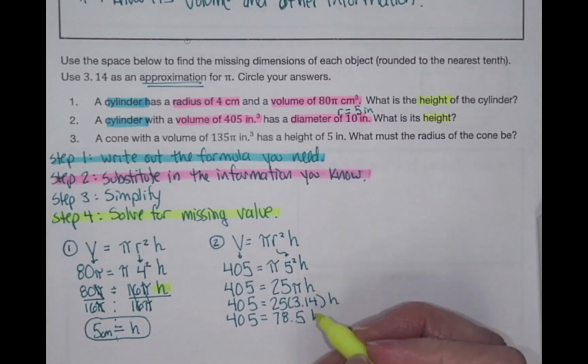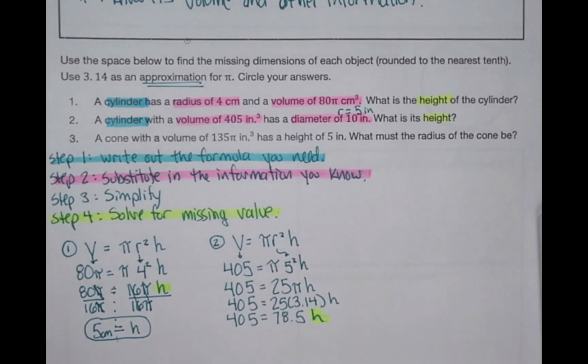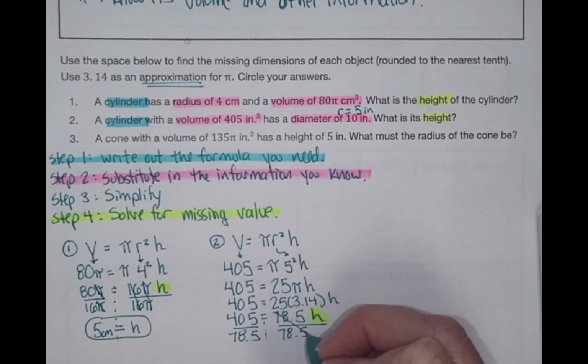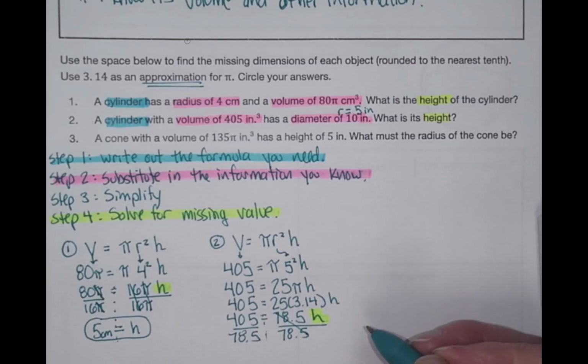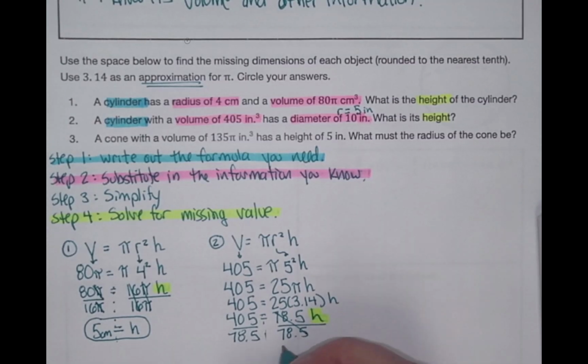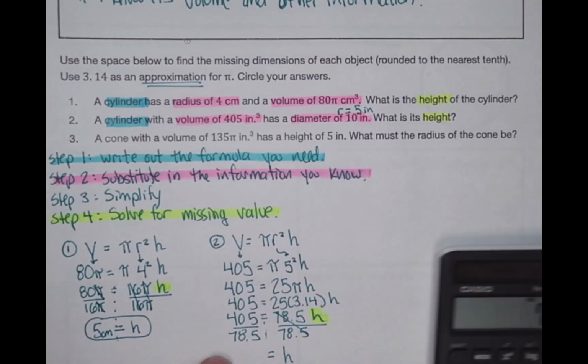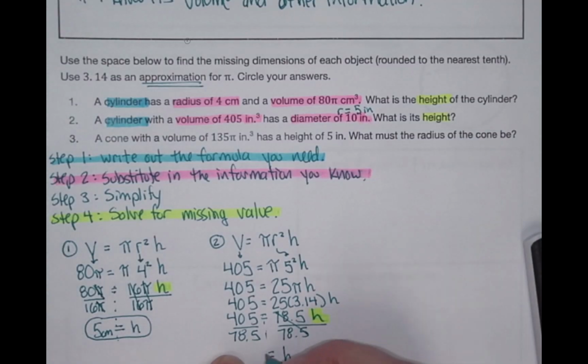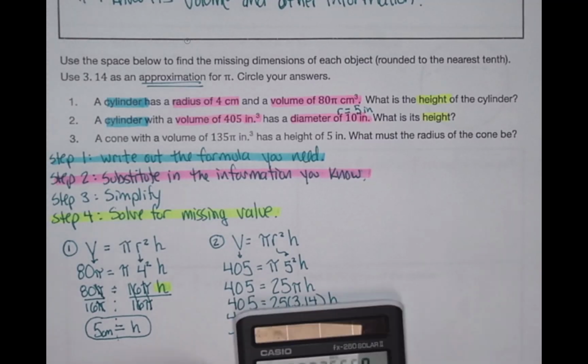And now we just have to solve for h. Right now, h is multiplied to 78.5. So our balancing move is going to be to divide both sides by 78.5. It cancels on the right. And I'm just left with the height equals 405 divided by 78.5, which is about 5.15.